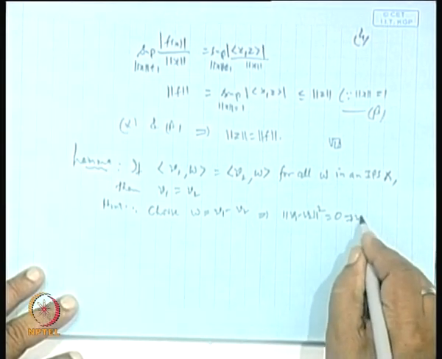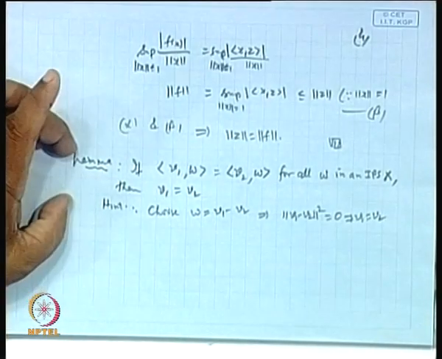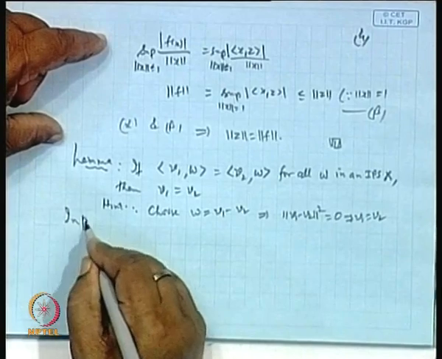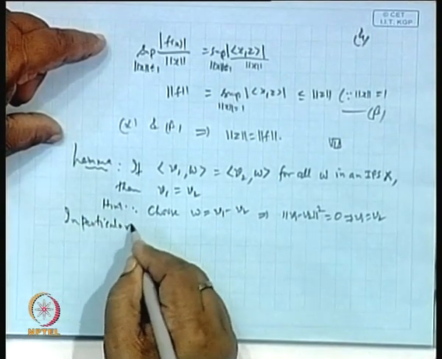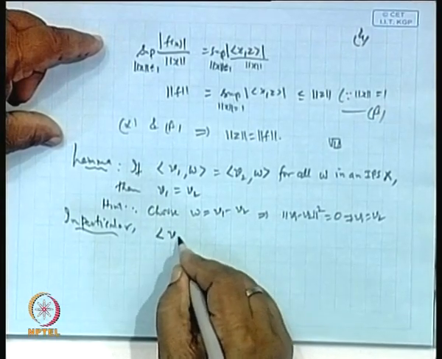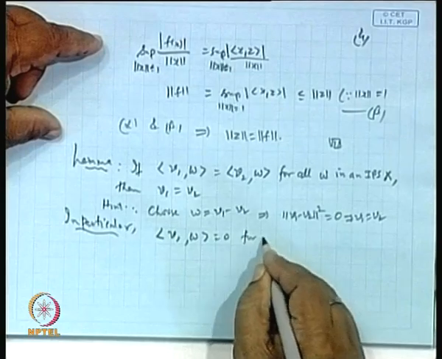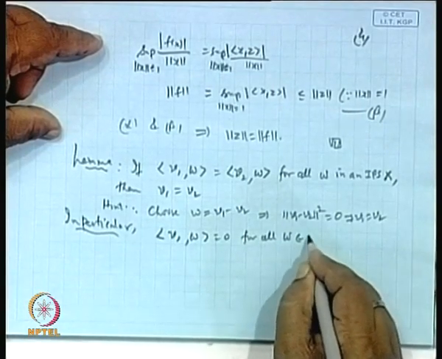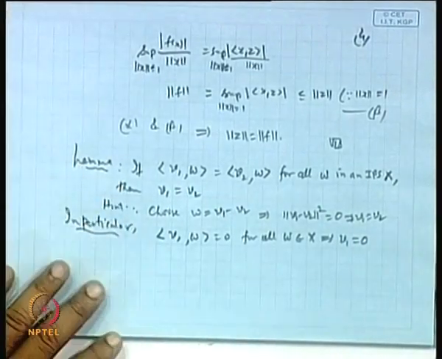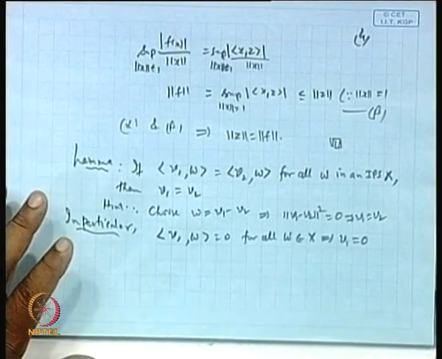And that implies V1 equals V2. Clear? So, this lemma we will make use of, and in particular we can say if the inner product of V1, W is 0 for all W belonging to X, then V1 must be 0. Clear? That is the same way we can prove.